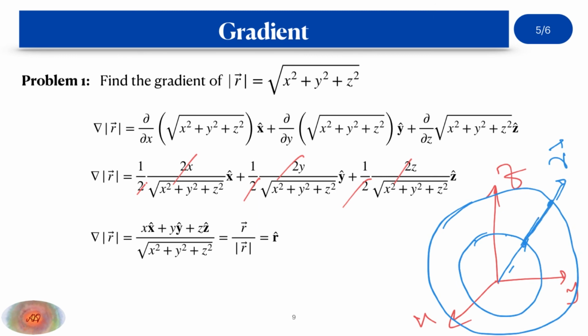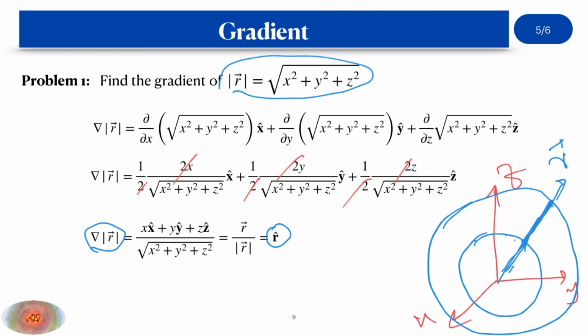So that is why you get the radial direction when you take the gradient of the magnitude of the position vector. That means the fastest change takes place along the direction of the radius, because the radius here represents the position vector of any point on the surface of a sphere.